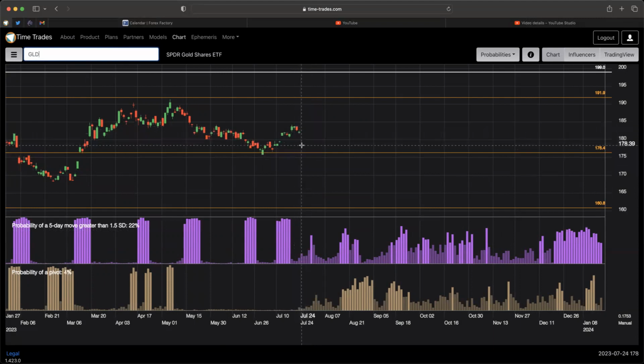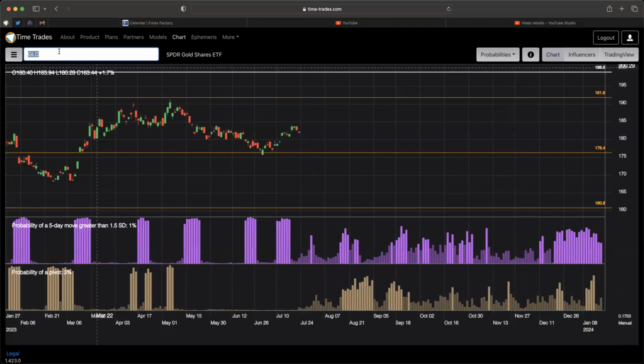So I think in the short term, we can see a little bit of a correction here in GLD. But that correction could come to an end around early August. It's very important for GLD to hold this magic level at 176.35 to keep the bull case intact. All right.